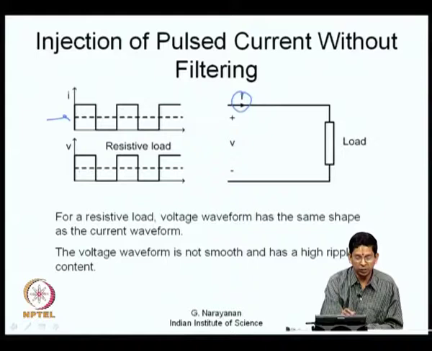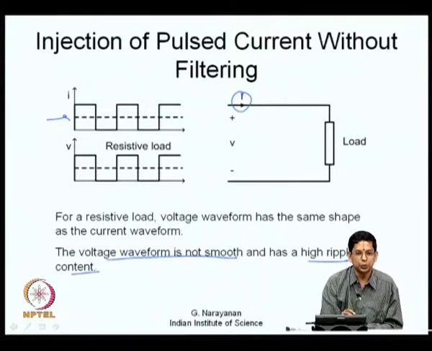Do you have a DC voltage applied here? Yes, but on top of it you also have a ripple voltage, and the peak to peak ripple voltage is almost twice the average output voltage. So, you have an output voltage whose average value is what you want, but which has a high ripple content. The voltage waveform is not smooth.